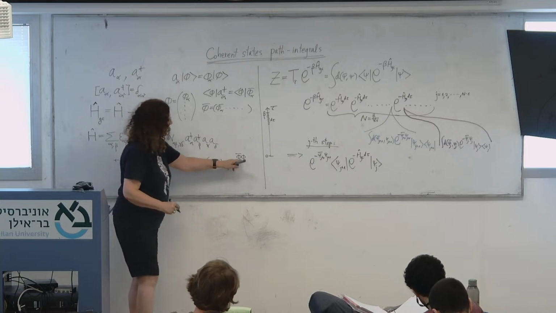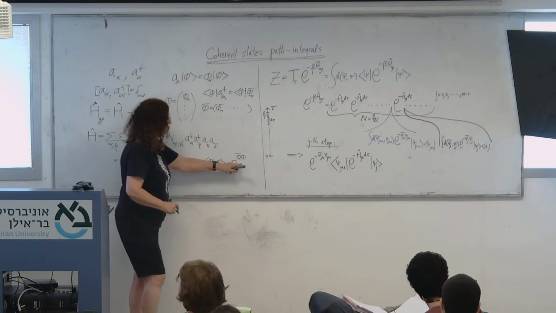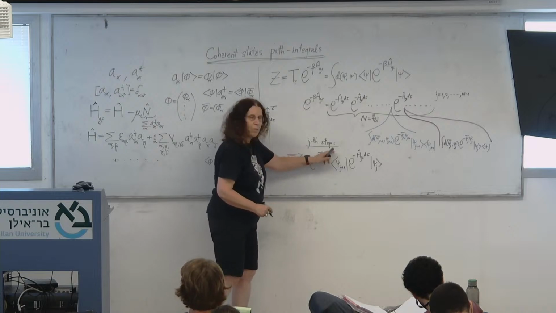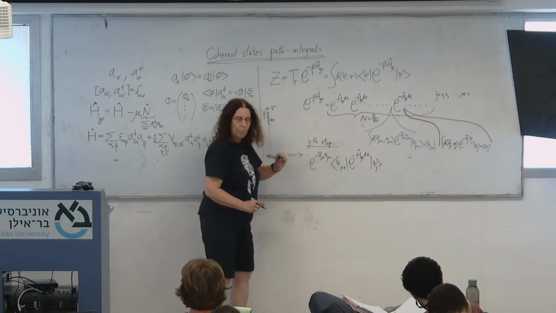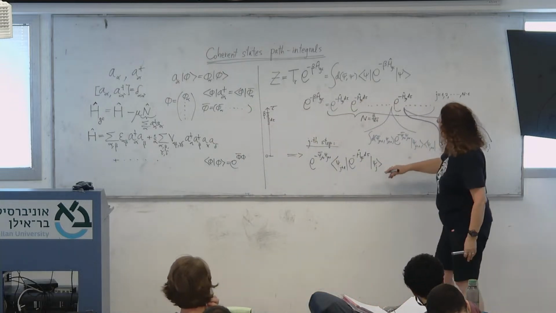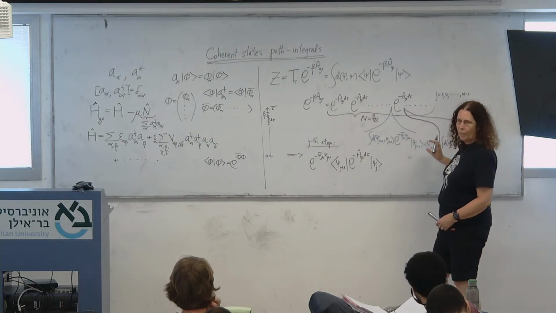It's an exponential of this thing, and therefore if we want a resolution of identity, we have to divide by it, and that's why we have this factor.